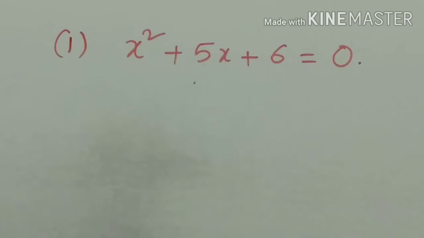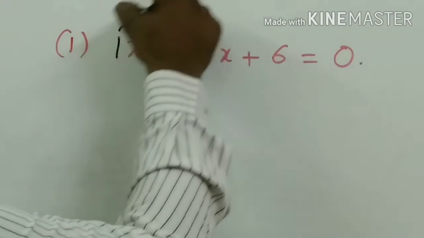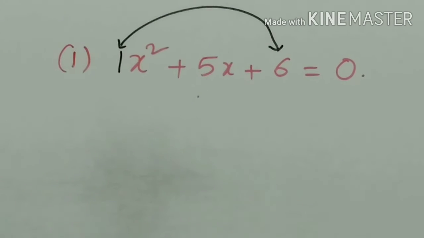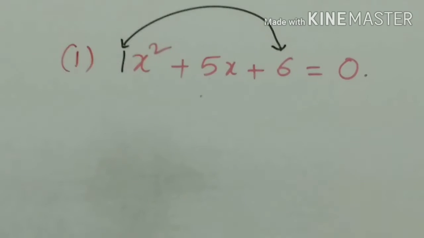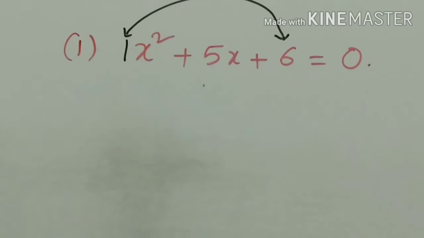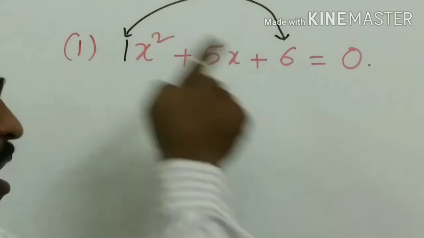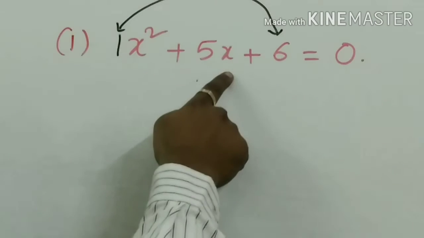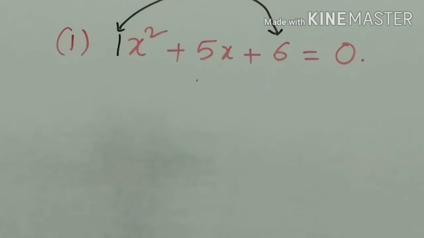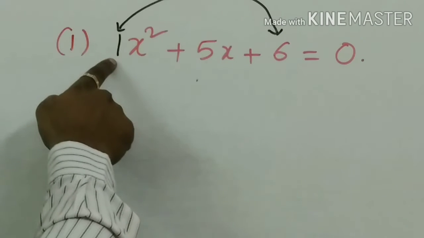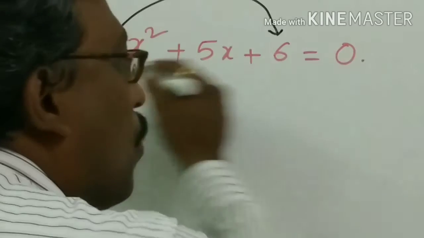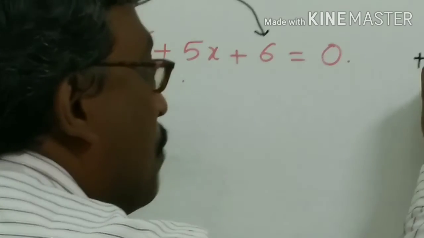So the first thing is you need to multiply the x square coefficient and the constant together. Before that, you should see that the quadratic equation is in the particular order, that is x square, x and constant. After that, the x square coefficient and the constant you should multiply together: 1 into 6, with the sign.